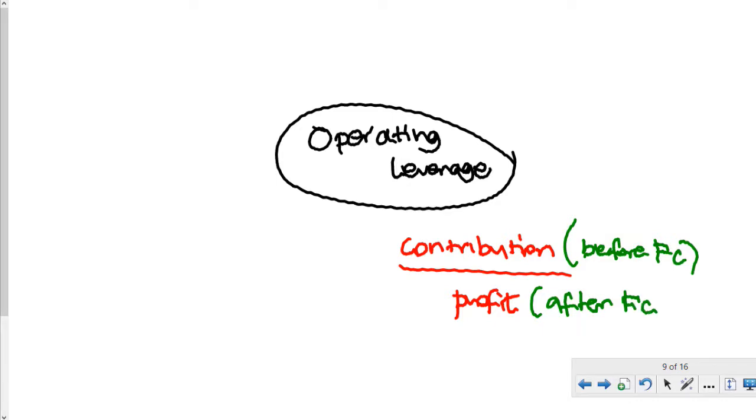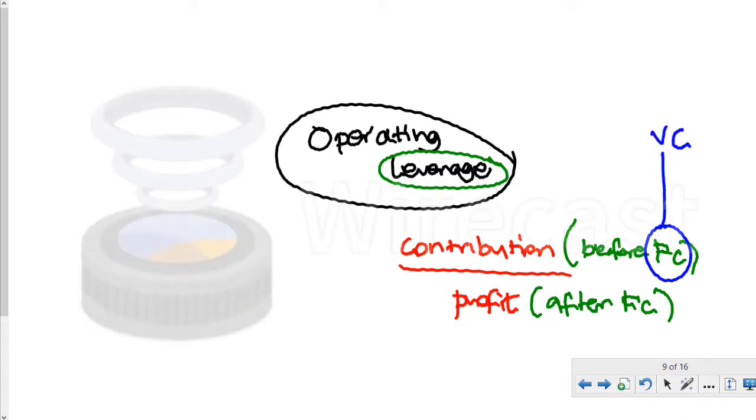And that's why this formula is called leverage, because it's all about fixed costs. It's about what is the extent of fixed costs in my business, and the link between fixed costs and variable costs, because there's a relationship between these two in a business.